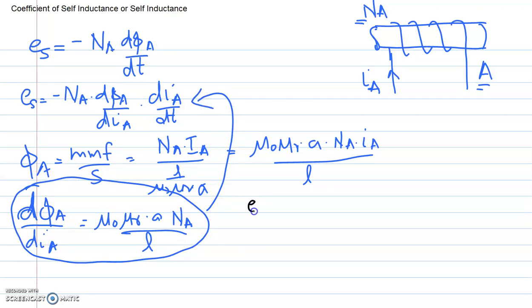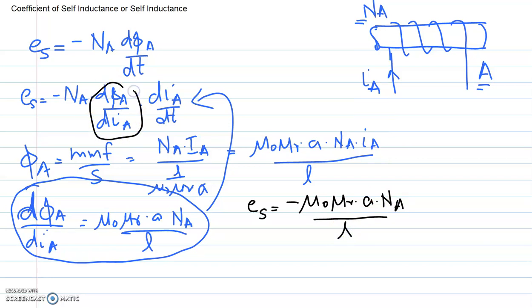Es is nothing but minus mu 0 mu R a into Na divided by L, that is this particular factor, into, we already have one Na here, Na into dIa by dt.